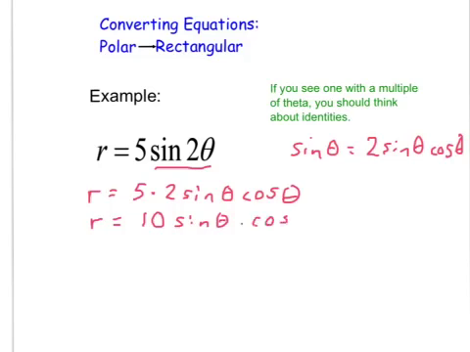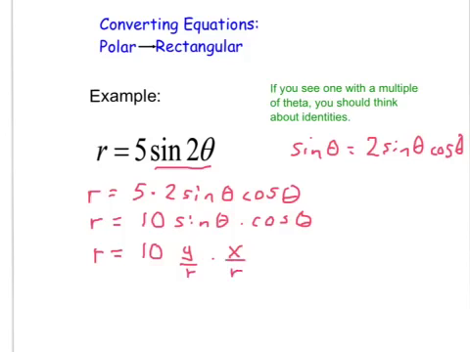Now, I need x's, y's, r's as quickly as I can. So what I'm going to do, I'm going to go ahead and take sine and replace it from my triangle as y over r. And similarly, I'm going to replace cosine with x over r.